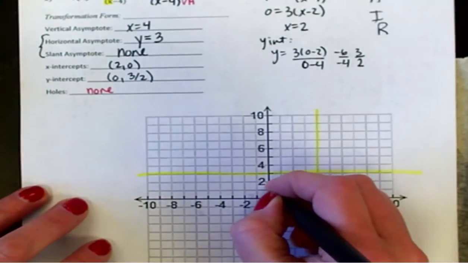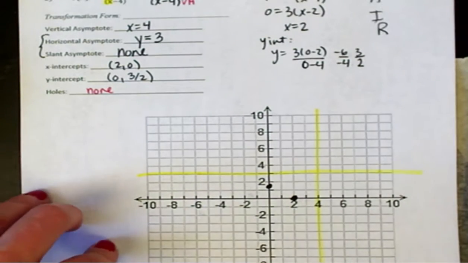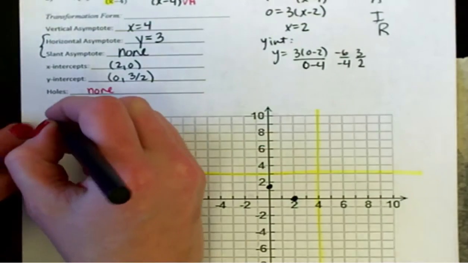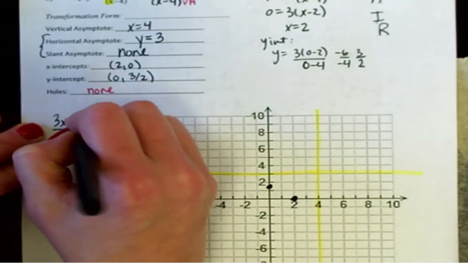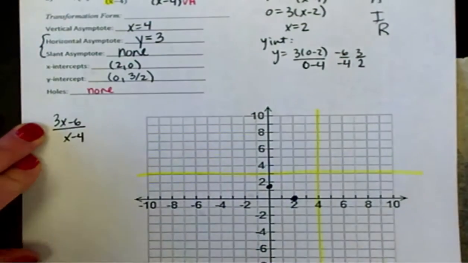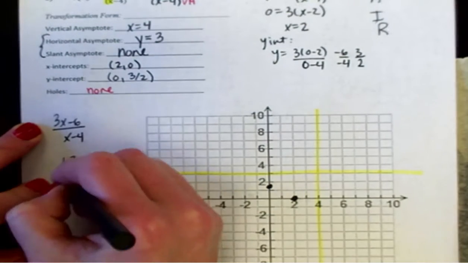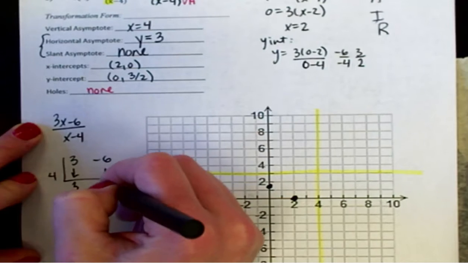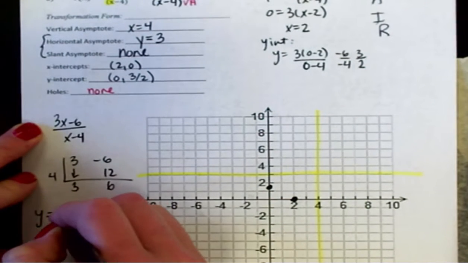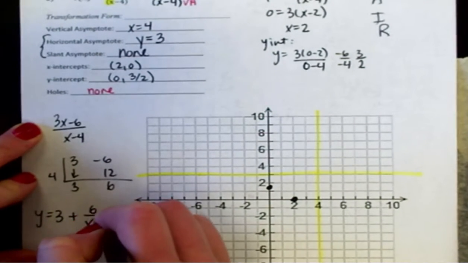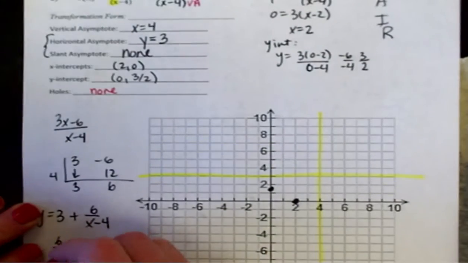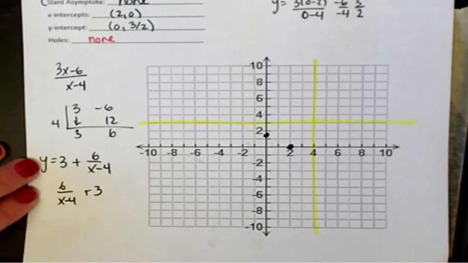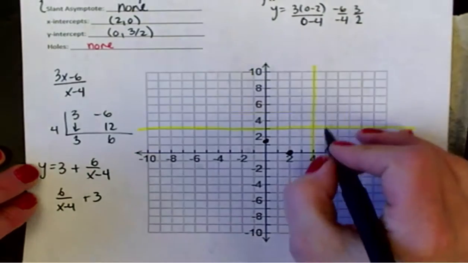And let's say you're not convinced about it being in the top right. Then put it in transformation form and look at it. Okay, so we have 3x minus 6 divided, so 3 negative 6. It just looks better if I put it in this order. Okay, so that's right 4 up 3, looks good.